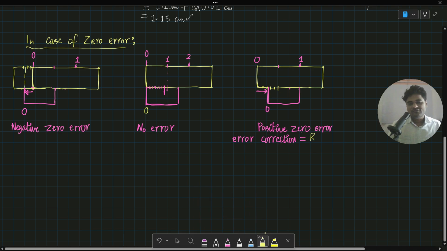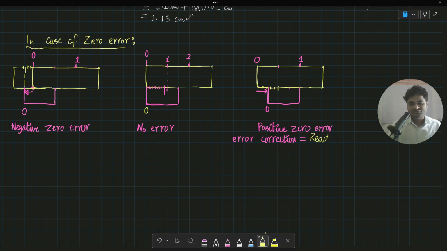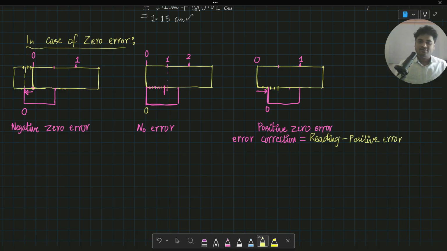Suppose we are measuring with this instrument; from that reading we will subtract this positive error, and in the other case we will subtract the negative error. The issue is that the value will be different for both cases.